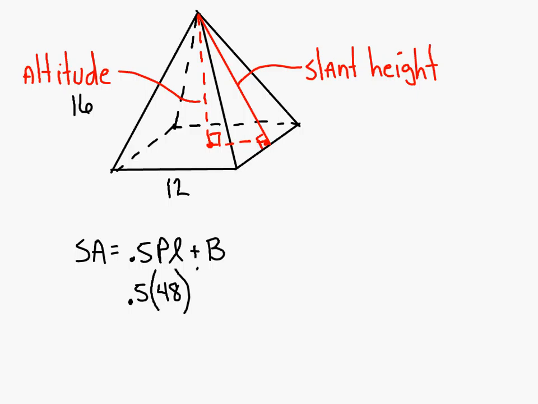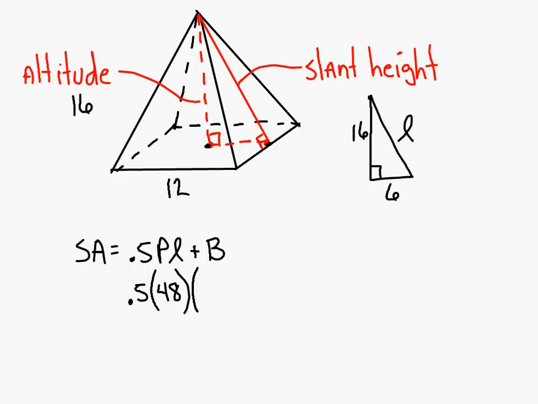Now your slant height. If you can picture this right triangle, if I pull it out of here and draw another one over here to the right, this would be your slant height. This altitude would be 16. And this segment from the bottom of the altitude to the bottom of the slant height is half of one of the sides, so it's half of the 12, which is 6. So you've got a right triangle where the slant height is the hypotenuse.